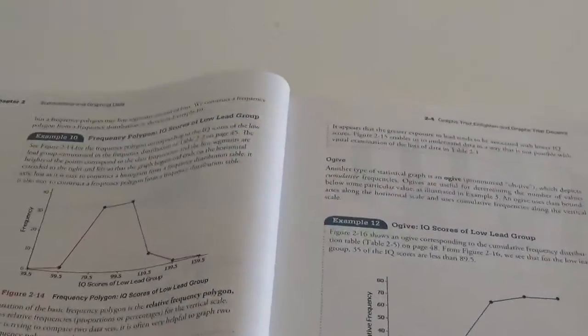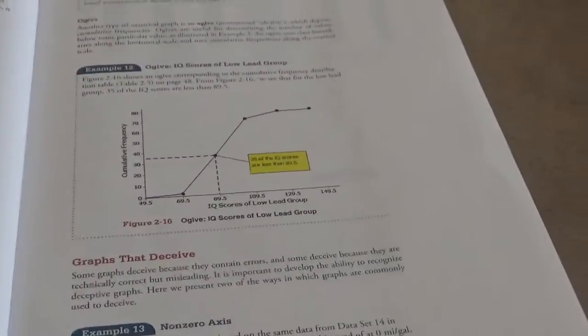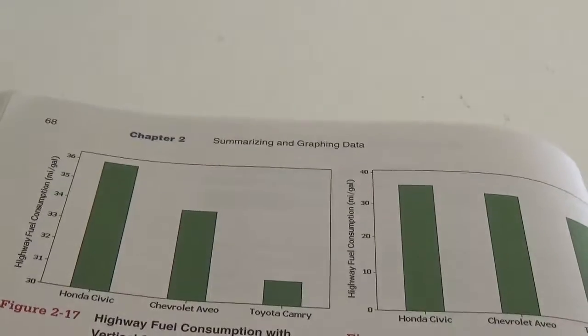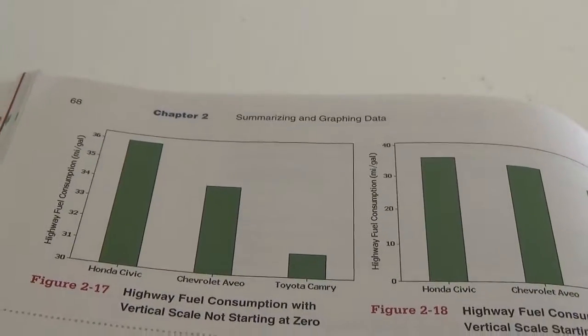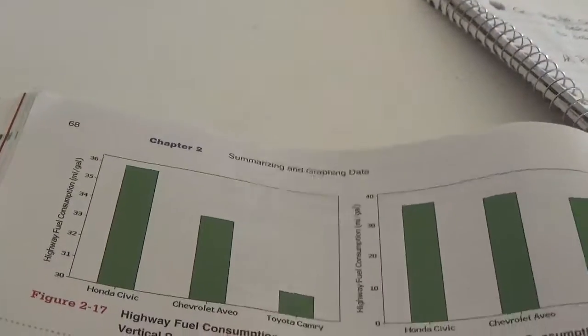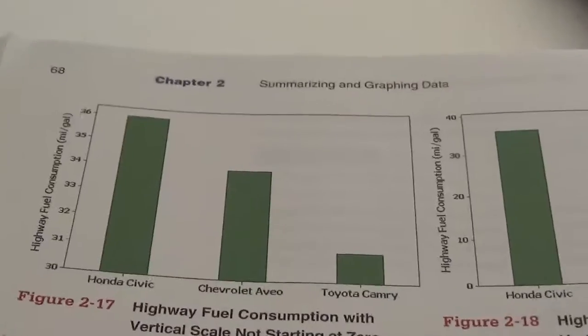Now, looking at graphs that deceive, what we're looking for is a non-zero axis. Right here, you will see this graph on the left is meant to deceive. Here's why this is a deceptive graph. Let me zoom in so you can see it even better.